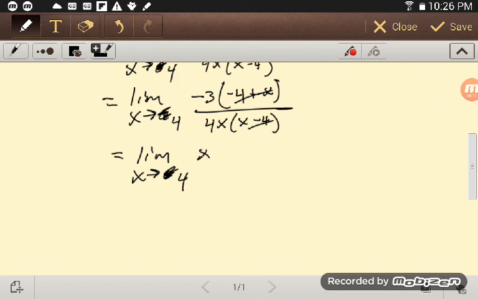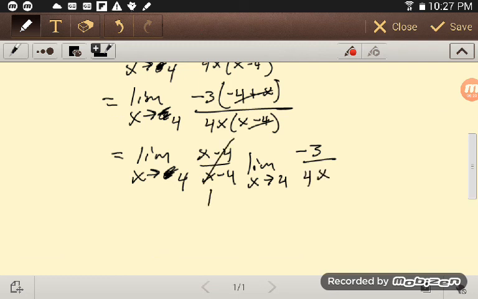Okay, so this is our x minus 4 over x minus 4, and the limit as x goes to 4 of what's left, negative 3 over 4x. And so again, yes, that's 1. I can do direct substitution here, and I get negative 3 over 16.